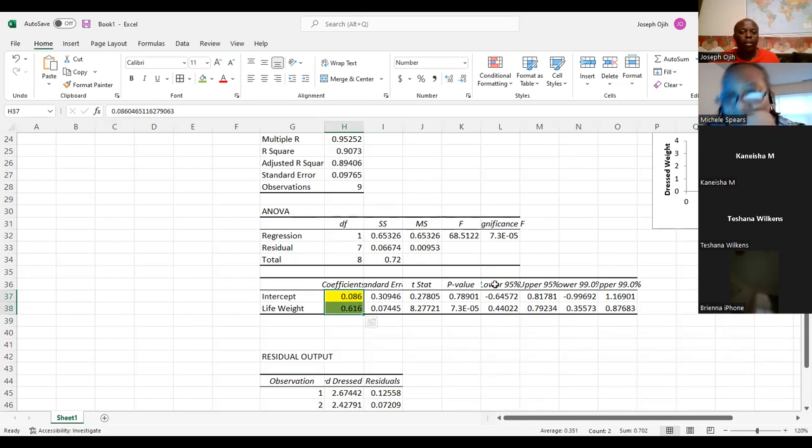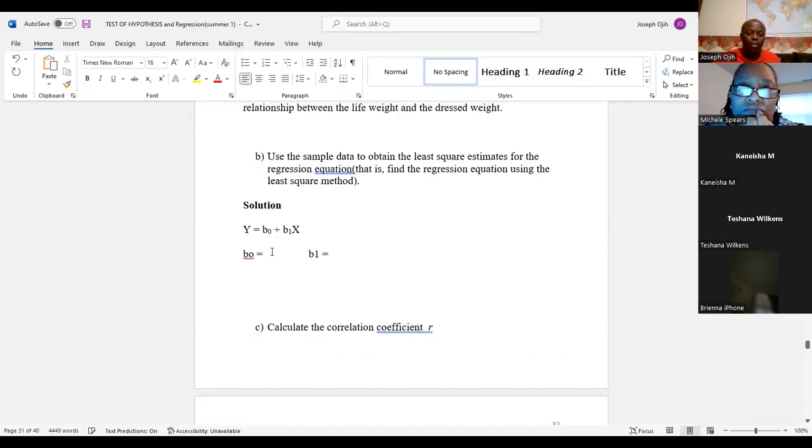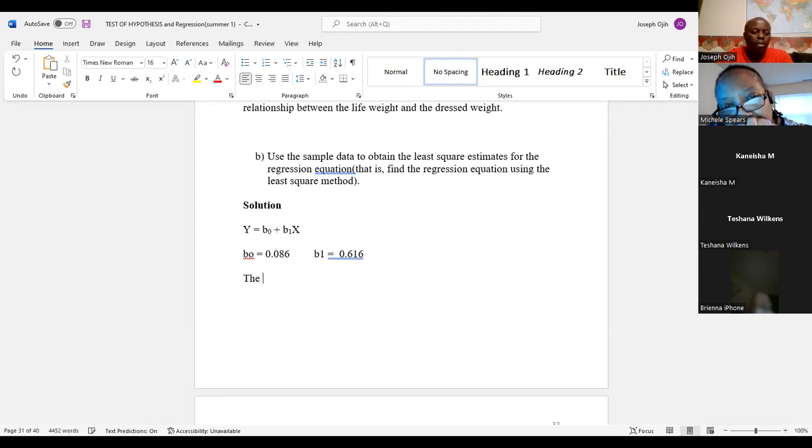Now, if the question says to make it 2 decimal places, then you make it 2 decimal places. If it says 1 decimal place, make it 1 decimal place. So b0 is 0.086, and b1 is 0.616.